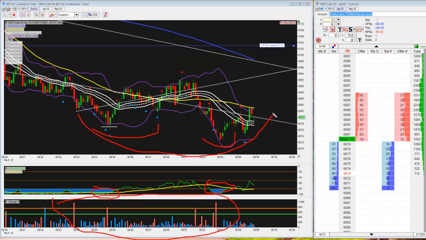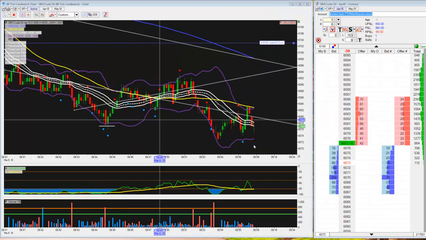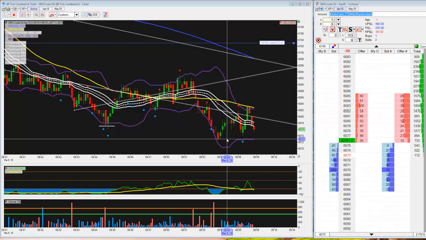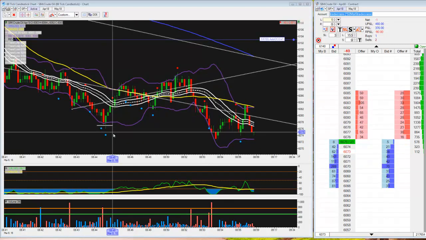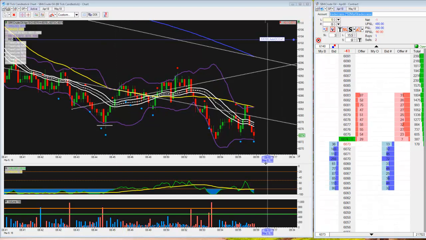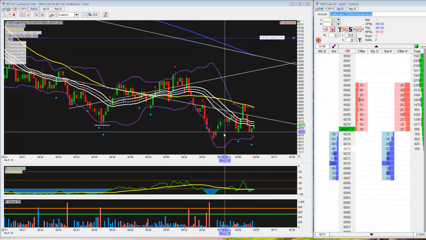So they're trying to make this the bottom to send it back this way. That's what they're trying to do right now. If we decidedly get through 73, that opens the door. That'll stop all that from happening for a while.